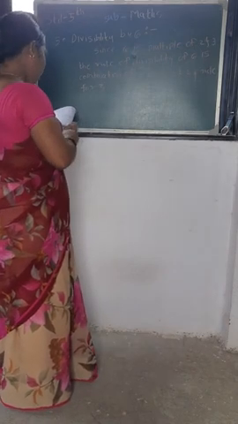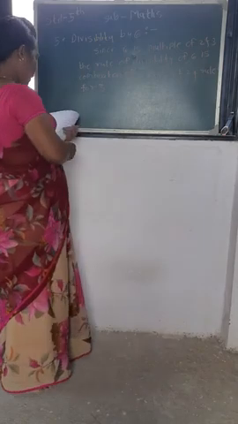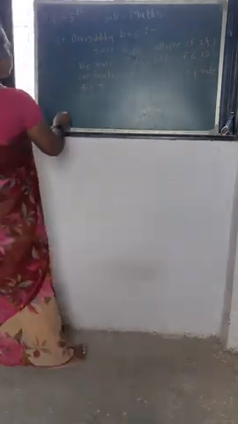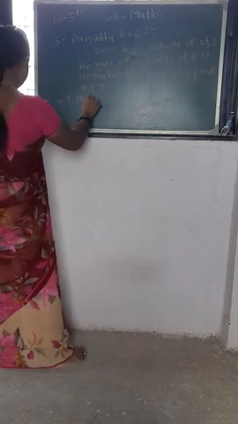That is, a number which is divisible by 2 as well as 3 is also divisible by 6. For example, 12.